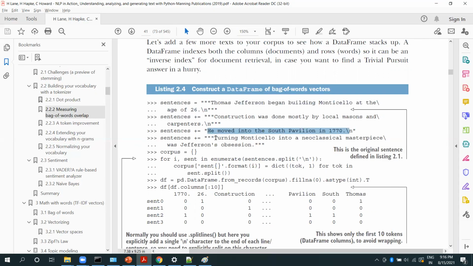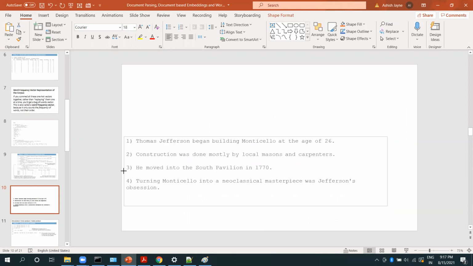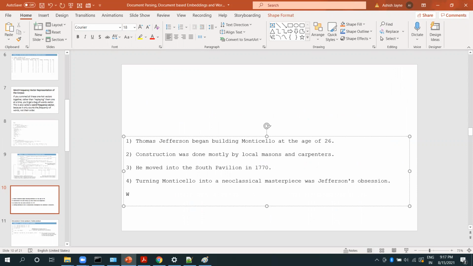And last is turning Monticello into a neoclassical masterpiece was Jefferson's obsession. Now, if we look at it, like we noticed earlier, numbers come first, right? And so what numbers do we have over here? We have 26 and 1770.